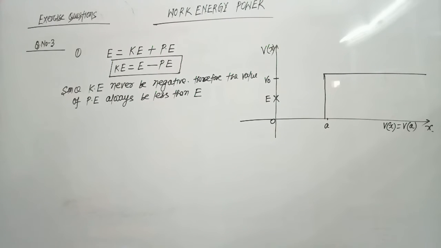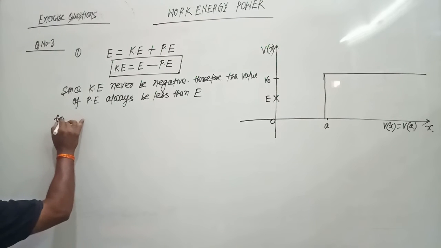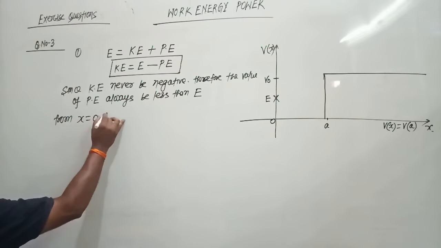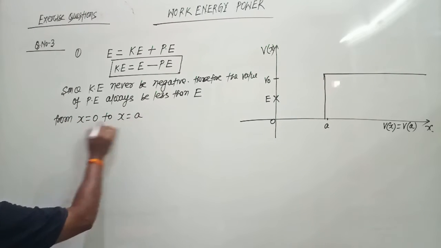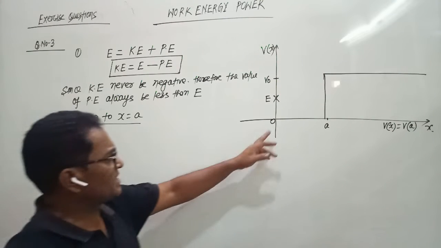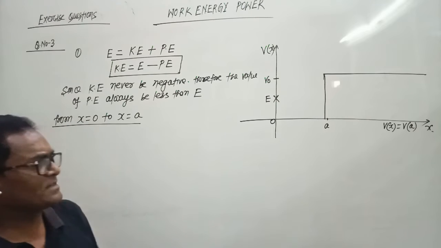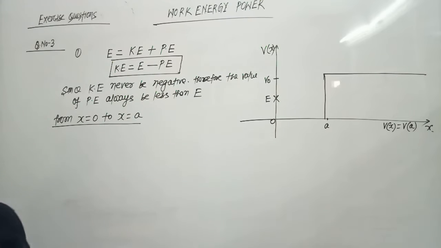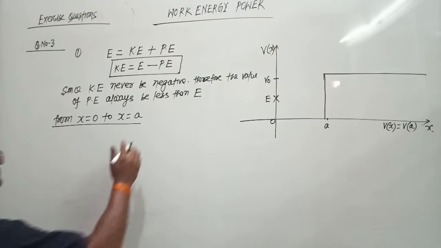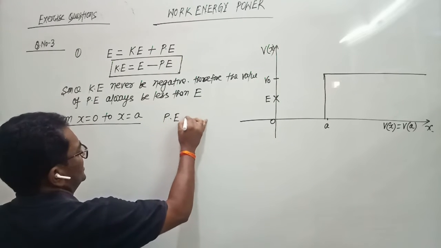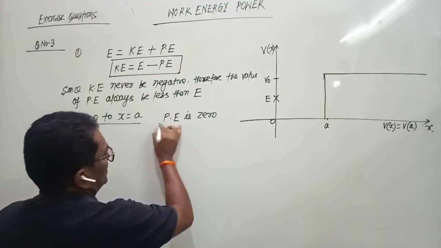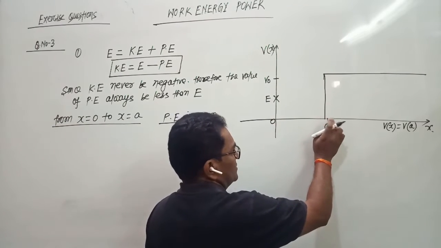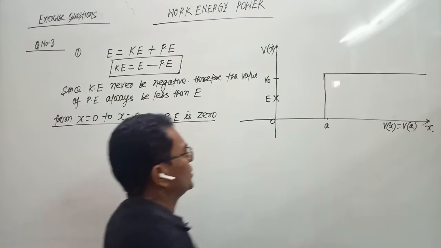From x equals 0 to x equals a, the potential energy is 0.